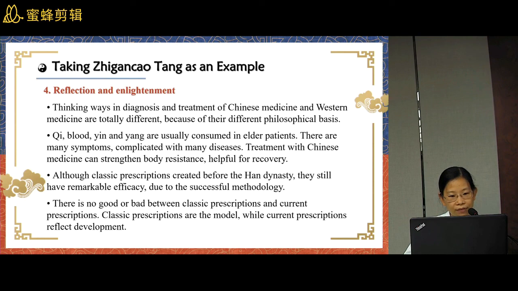What's more, there is no good or bad between classic prescriptions and current prescriptions. Classic prescriptions are the model and current prescriptions show the development. For example, among the 4 major classics in TCM, there is detailed analysis of epidemic warm diseases. 加减复脉汤 is recorded in it, which originated from Zhi Gan Cao Tang with 人参, 桂枝, 生姜 and 大枣 removed, and 白芍 is added.